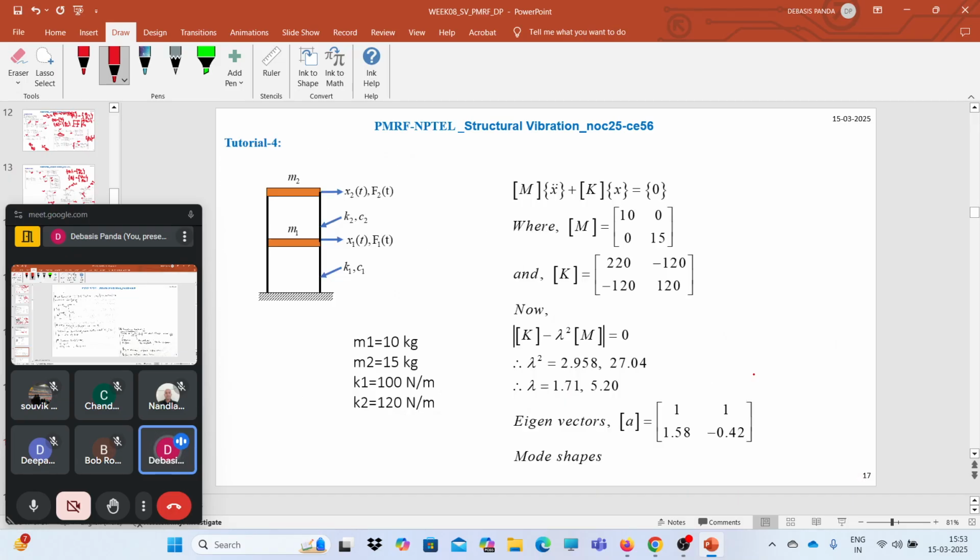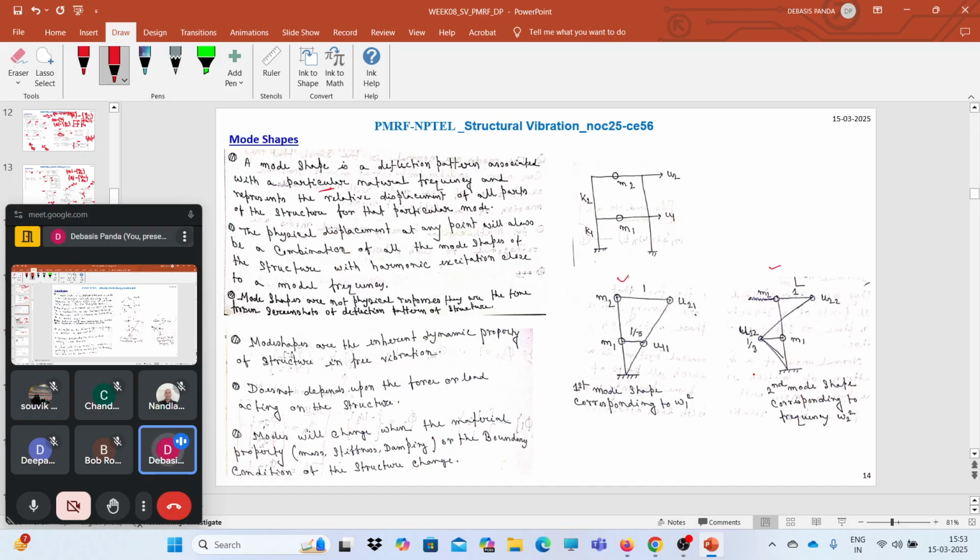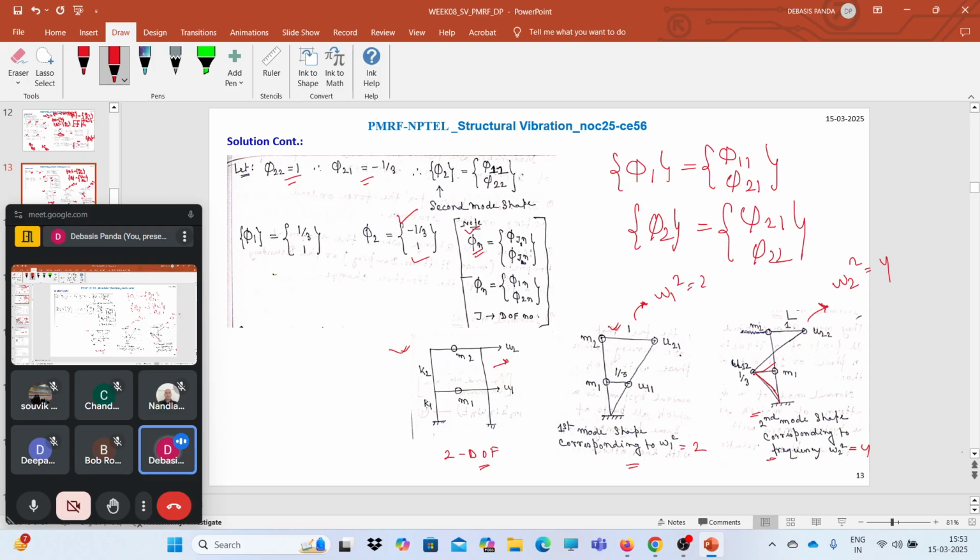We have already seen that mode shapes are nothing but time-frozen screenshots of the displacement, the deflection pattern associated with a particular natural frequency. To get the physical response, we need to multiply the mode shape with the generalized coordinates. Then we will get the physical system also.